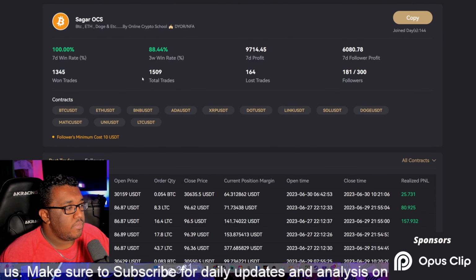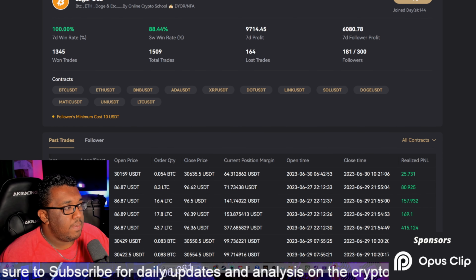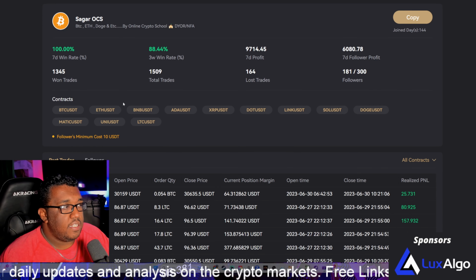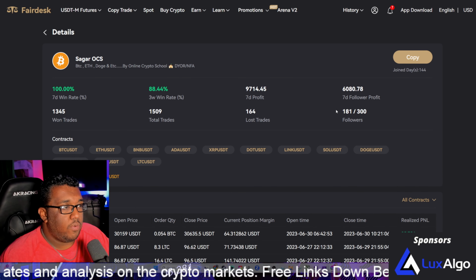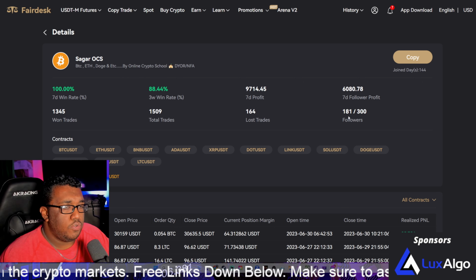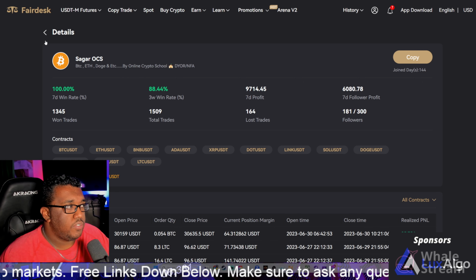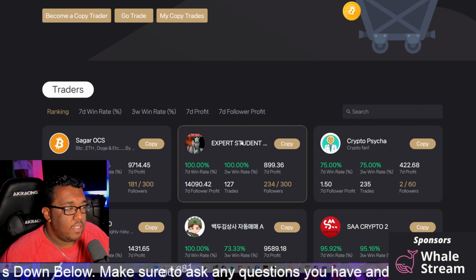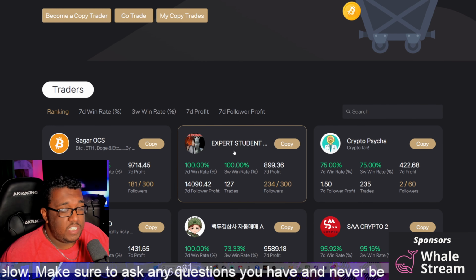But you can see followers' minimum cost is $10. So if you don't have $10, you can't follow this guy. It basically lets them have enough space for everybody that wants to invest. And if somebody plops down $5, they really don't deserve a spot following some of these traders who people want to follow. They want to see if they can make some money following these types of people, right?